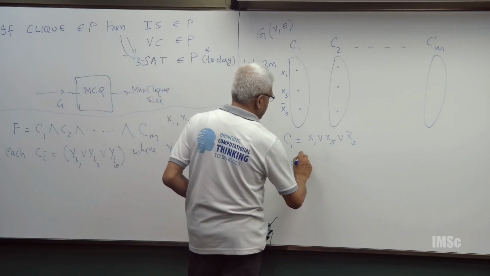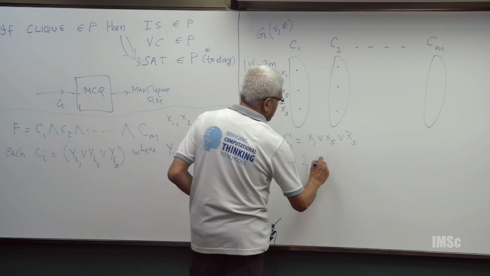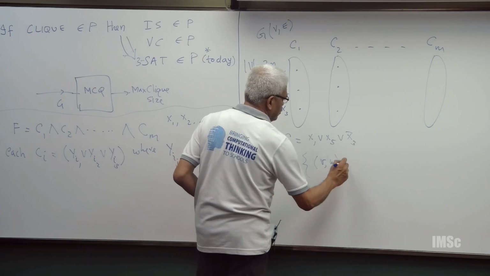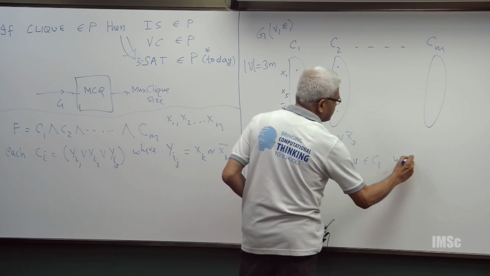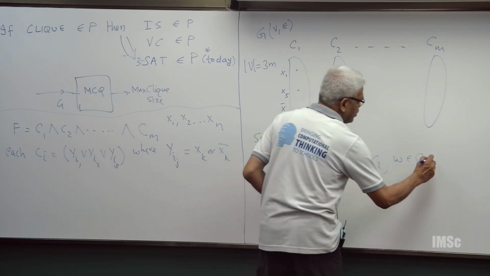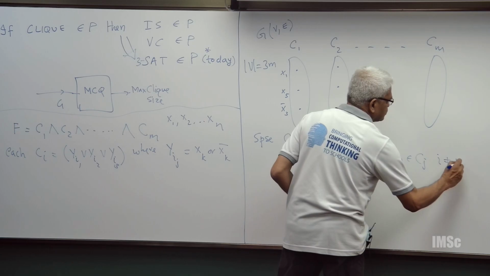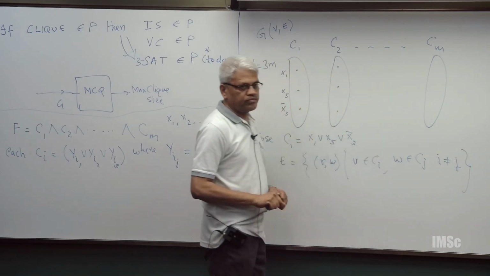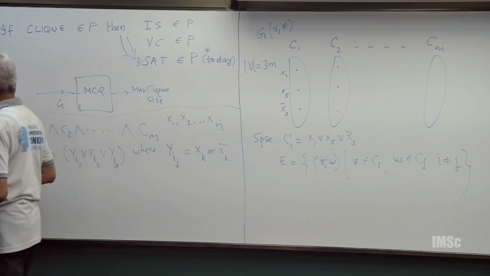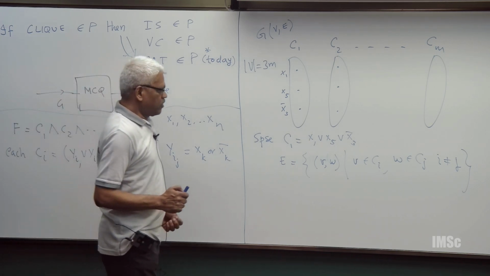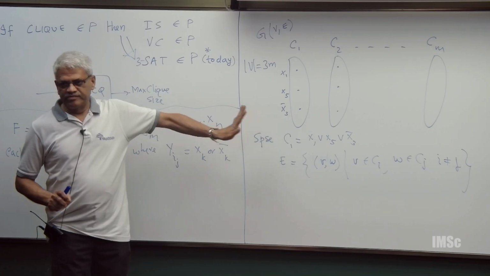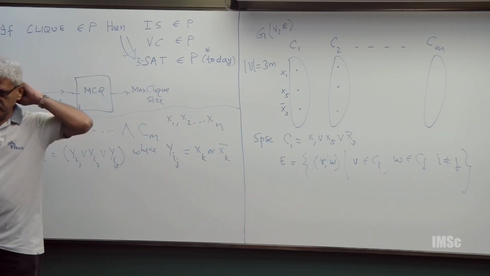So, E is going to be the pairs (v, w), where v is in some C_i and w is in some C_j, i not equal to j. Now, that is all my graph for now. I will change it later.